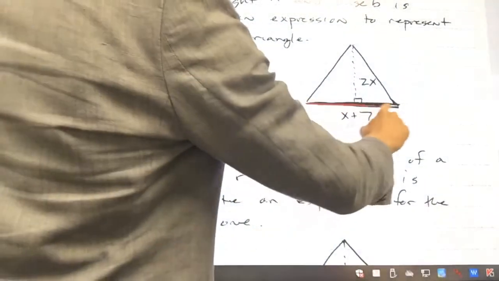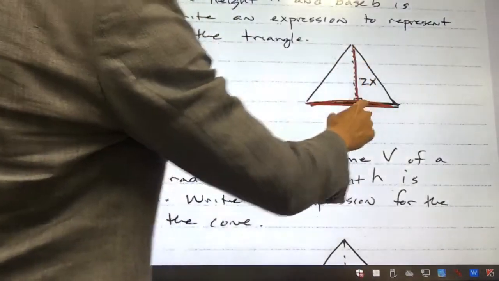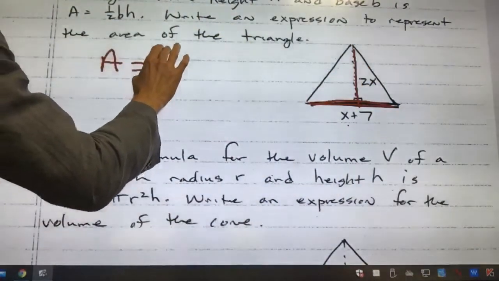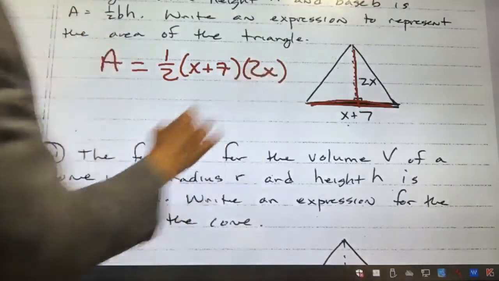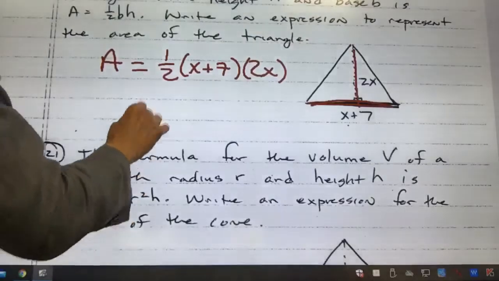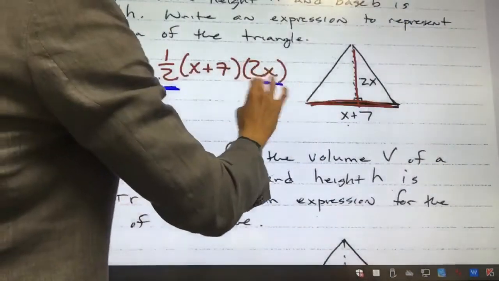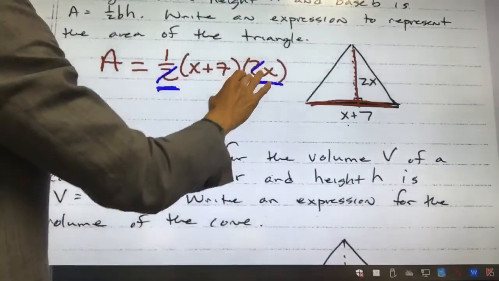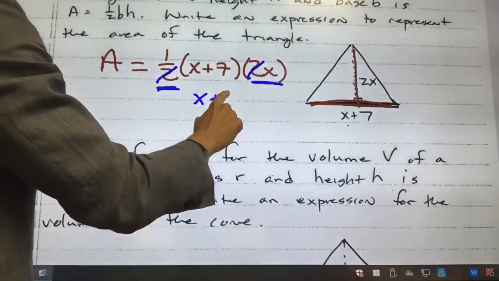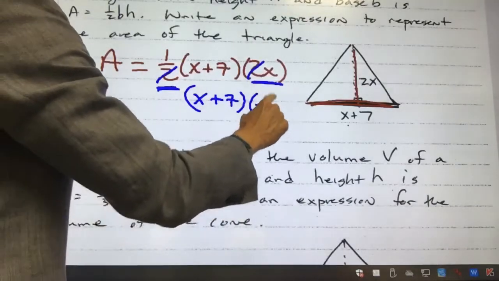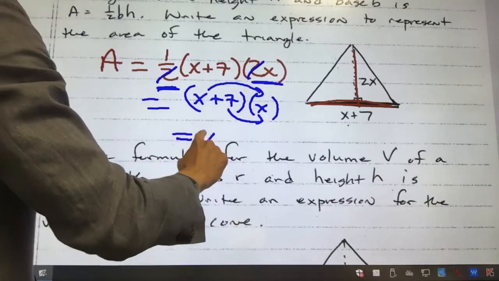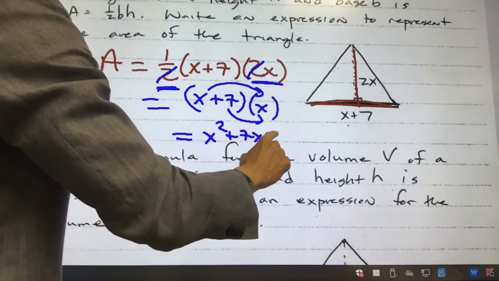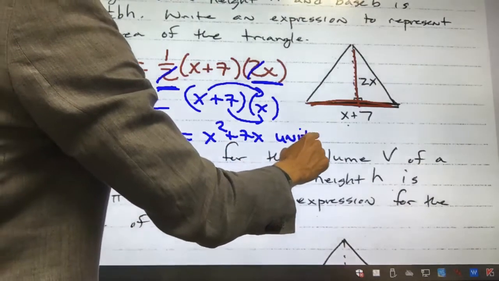The base is x plus 7. The height is 2x. So area is 1/2 base times height. A few different ways we can do it. First off, 1/2 of 2 is 1, so those 2's will cancel. Then you'll just have x plus 7 times x. Distribute, that is x squared plus 7x. Whatever the units are, squared.